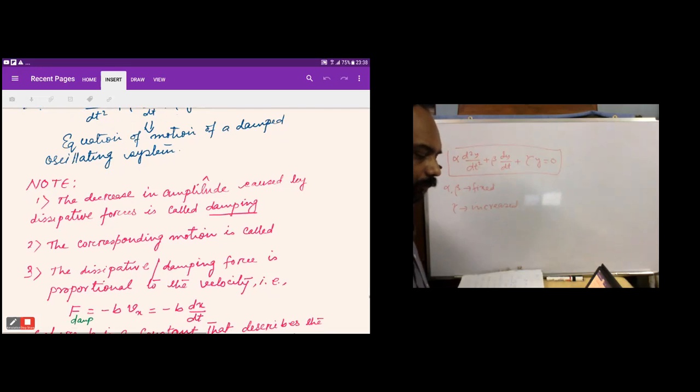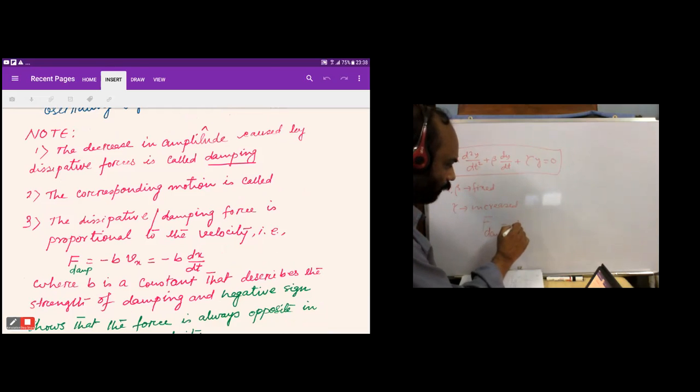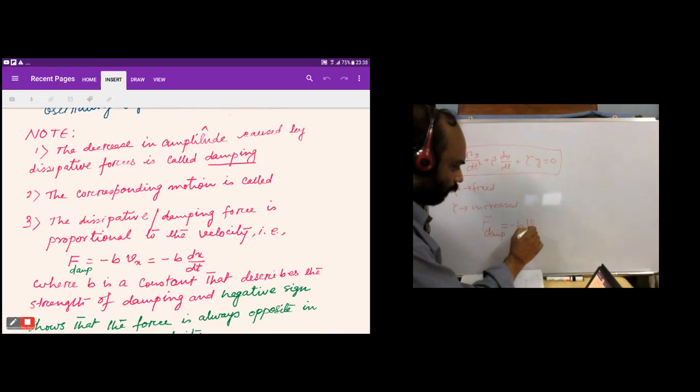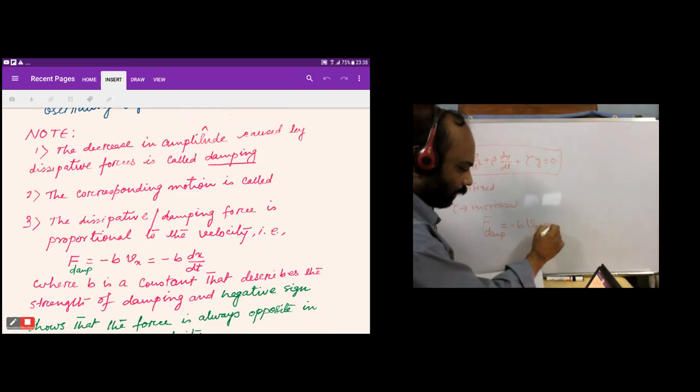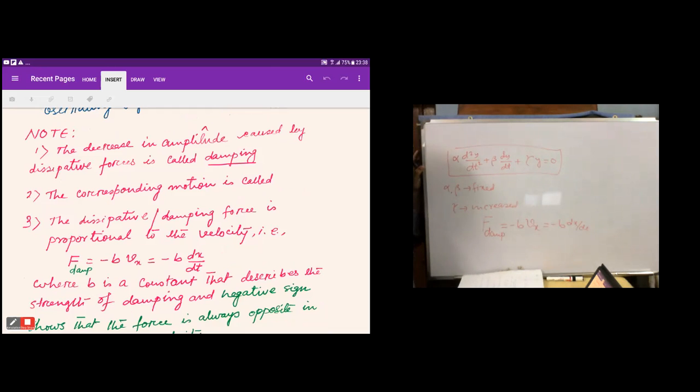The dissipative or damping force is proportional to the velocity. That is, if damping force is equal to minus b Vx, that we can write minus b dx by dt. In most cases it is proportional to the velocity, though it could be proportional to velocity square, velocity cube, or any other form.